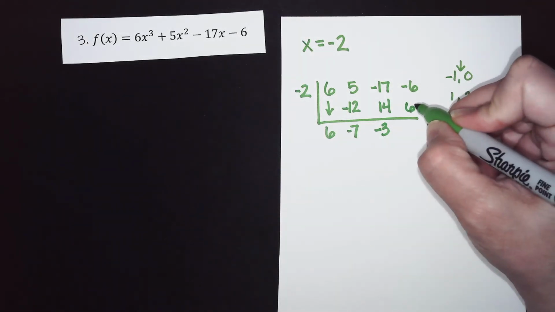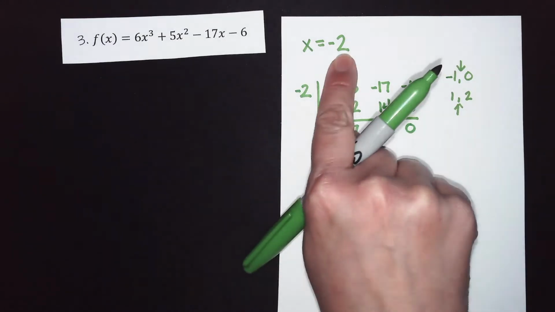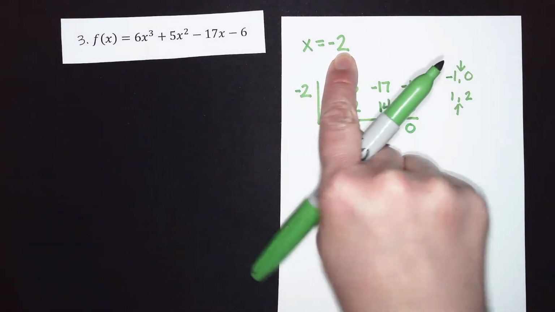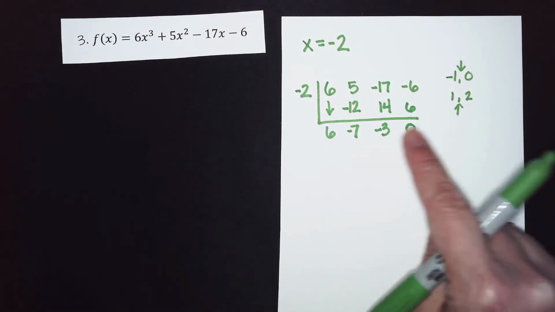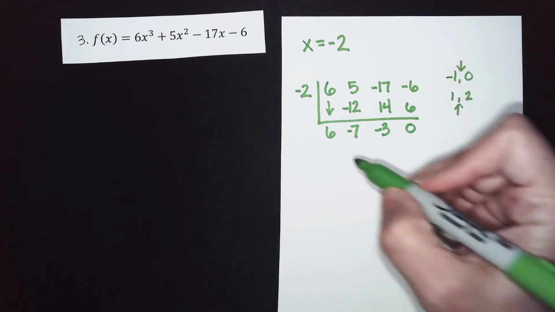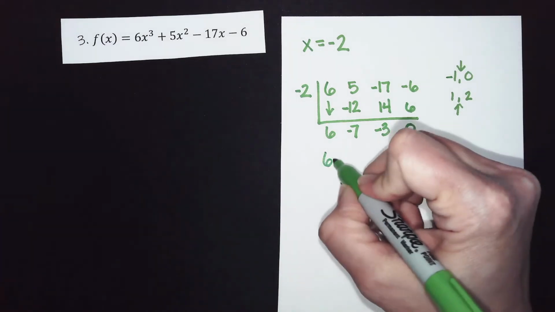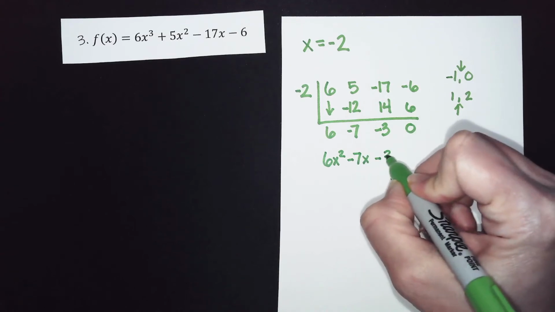Negative 6 plus 6 is 0. If you don't get a 0 here, and we said that is one of our solutions, then you did something wrong in dividing, or it wasn't a solution. You should have a remainder of 0. Okay? So this leaves me with the equation 6x squared minus 7x minus 3.